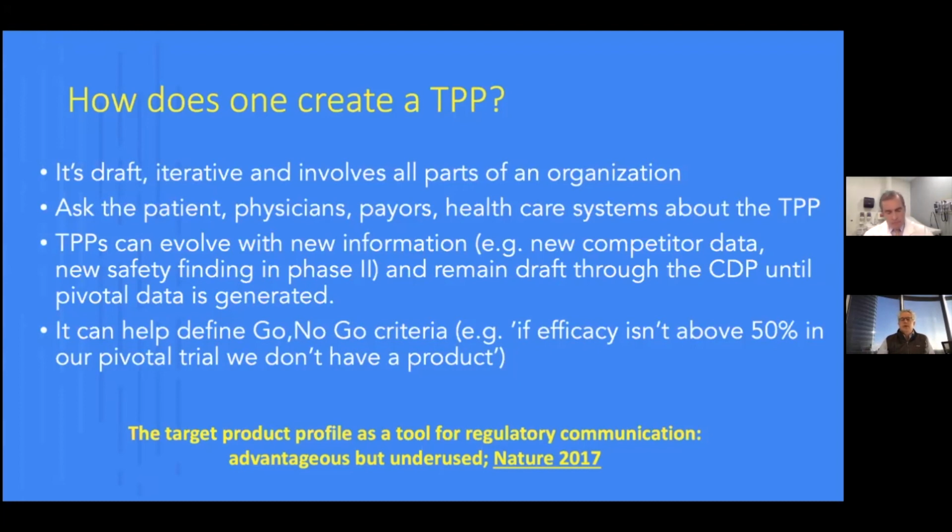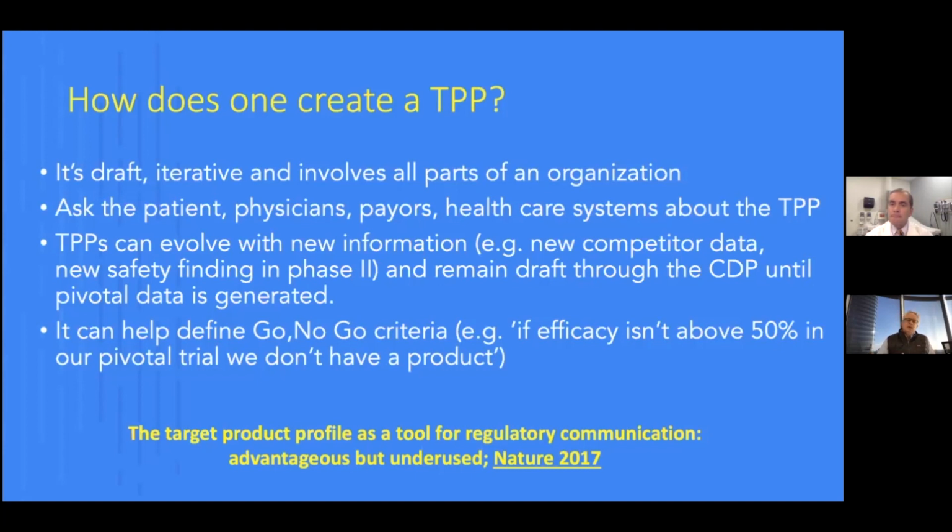If you really feel you're hitting the mark in your research as it's unfolding, or if you have a major issue that suggests you're not going to be in the space that you think would be of the best benefit. For instance, if your efficacy isn't above 50% as measured by a particular efficacy outcome, we may not have a competitive product because there are already other products in that space. So it can help to set up some bars or some decision-making because you've gotten feedback on the clarity of what you're trying to create over time.